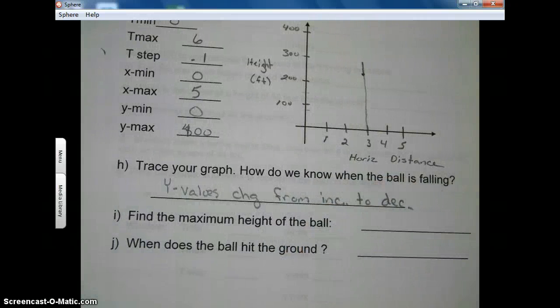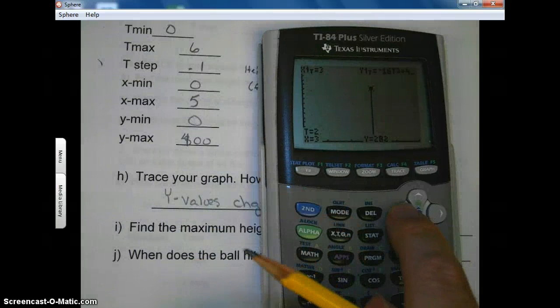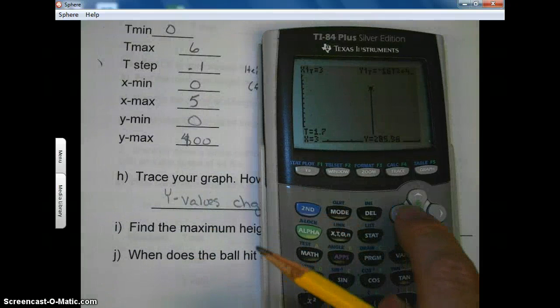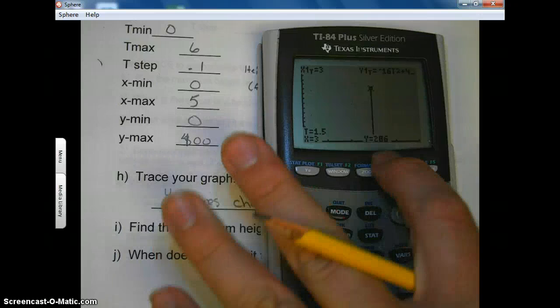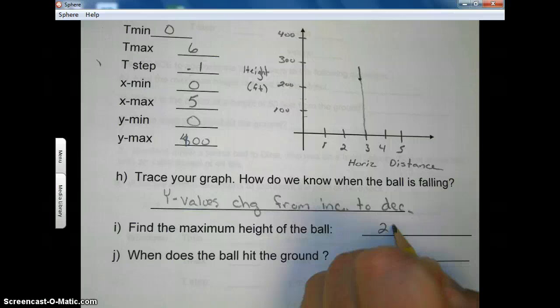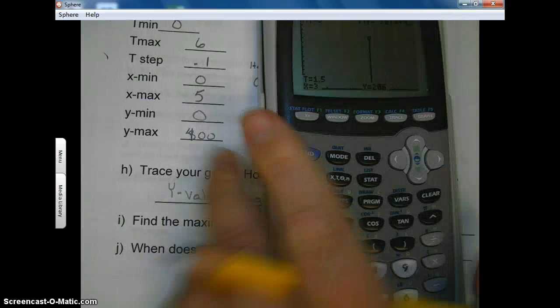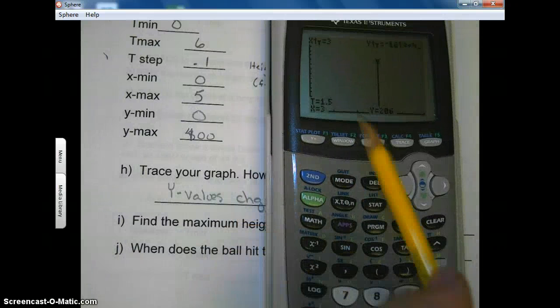Maximum height of the ball, we had seen that at 286. That's your maximum height, 286. We're looking right here at this number. And that's when time is 1.5 seconds.